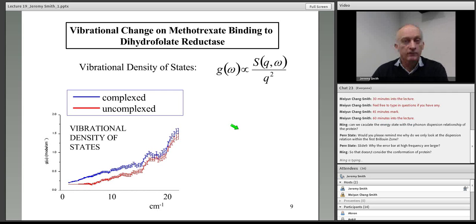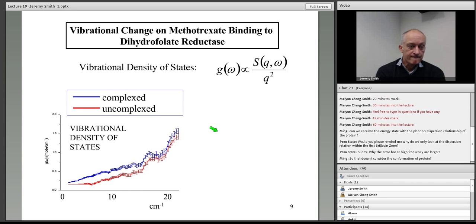Many different conformations. Each of these conformations has its own vibrational spectrum, and these will be averaged to produce what one sees experimentally, an ensemble average. So there's an average over the conformations of the vibrations in each conformation.